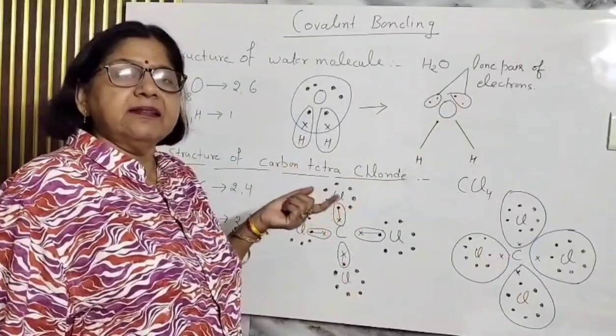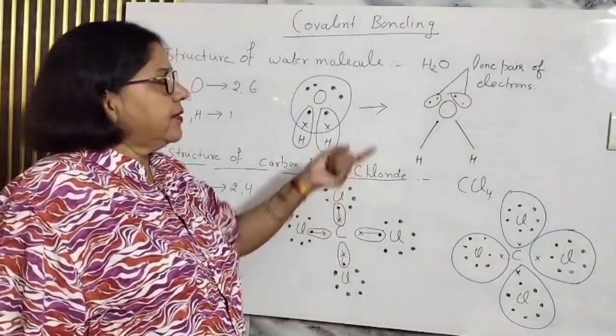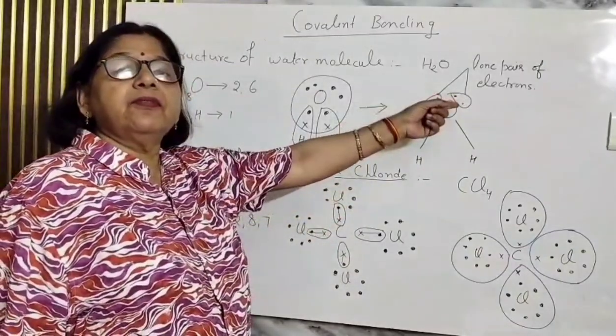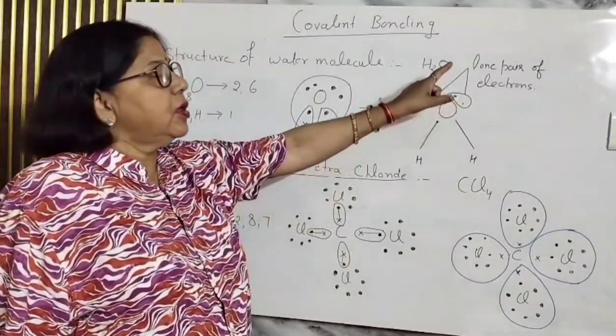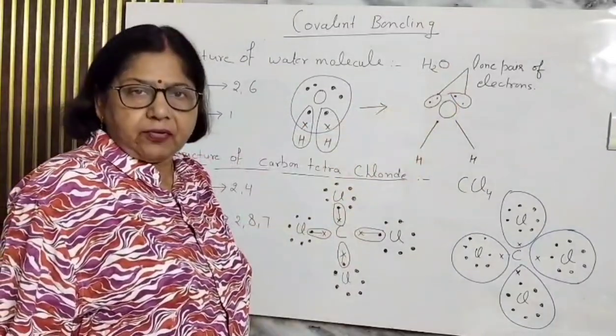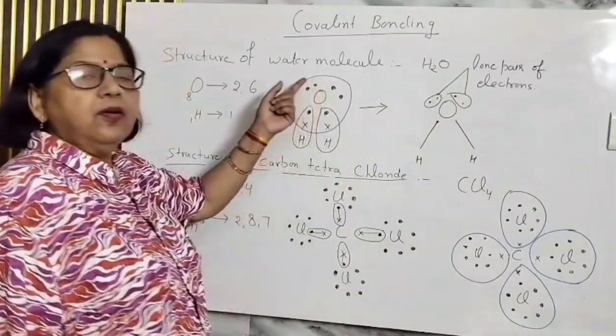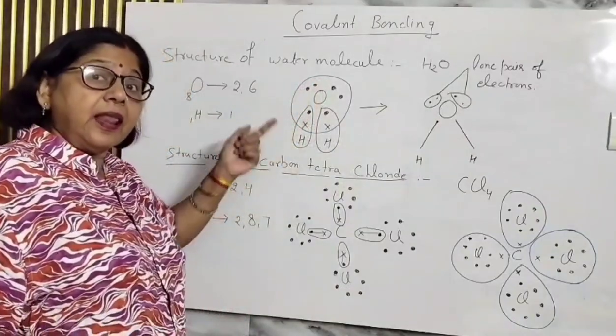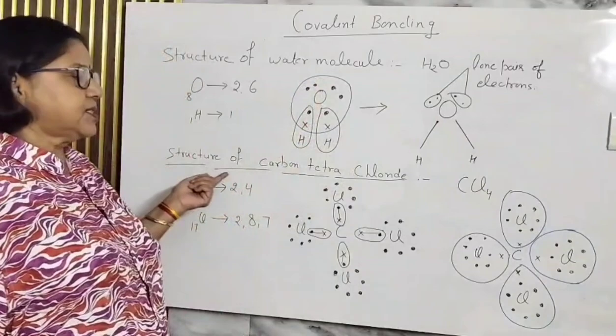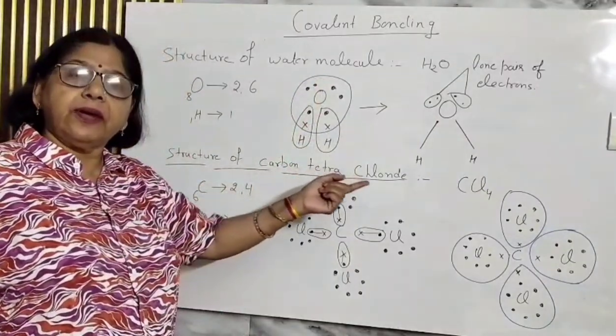And as I discussed in the previous video, the unbonded pair of electrons are known as lone pair of electrons of the water molecule.